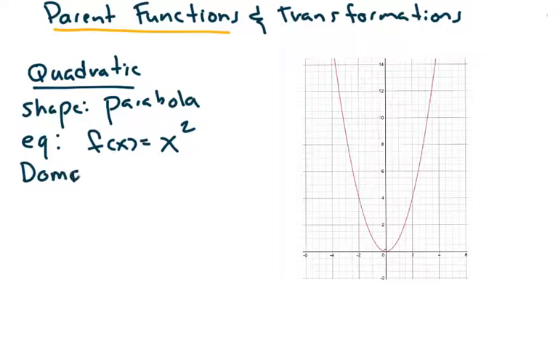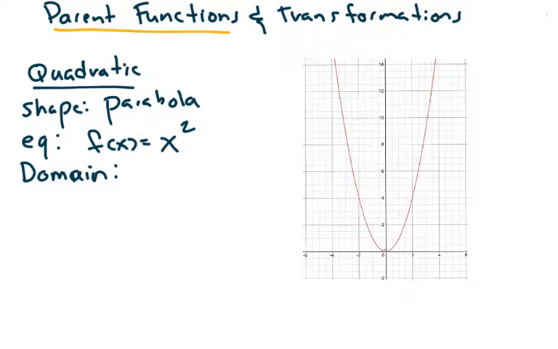So the domain is all of the x values that can be plugged in here. If you think about it algebraically, you can plug in any real number you want into this function. Graphically, what kind of shadow does this function cast on the x-axis?